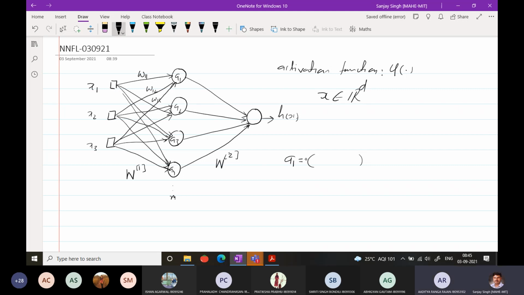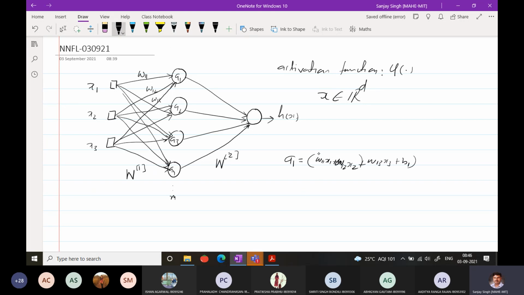The weight w11 into x1 plus the bias. Only that? No, it will include x2 and x3 as well. Yes, so we have to put everything: w12 x2 plus w13 x3 plus the bias of this particular neuron.